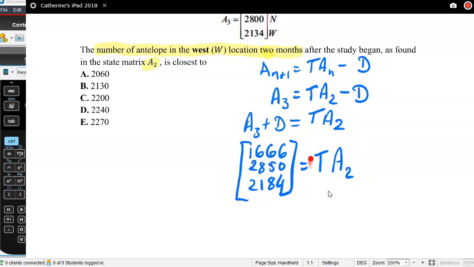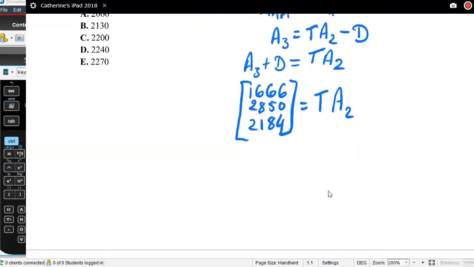So how do we get A2 on its own? Well, we're going to do a bit of our matrix algebra. So I'm going to need the inverse of our transition matrix.